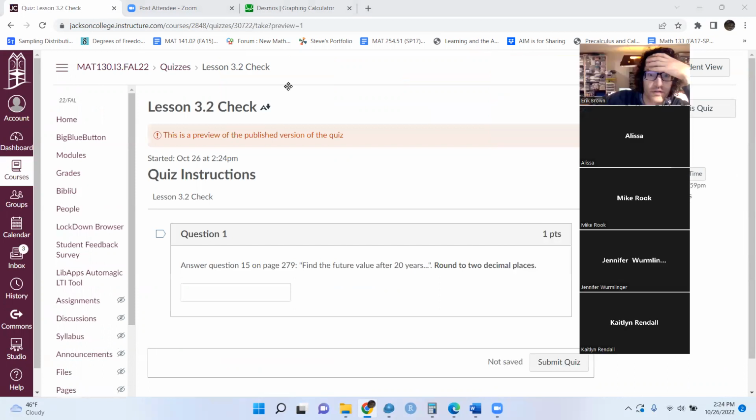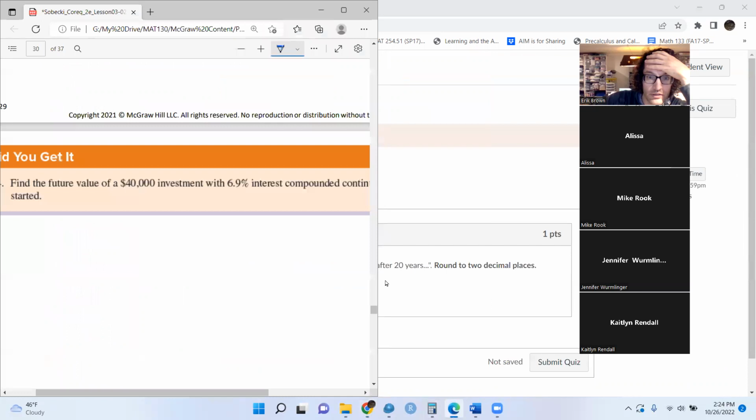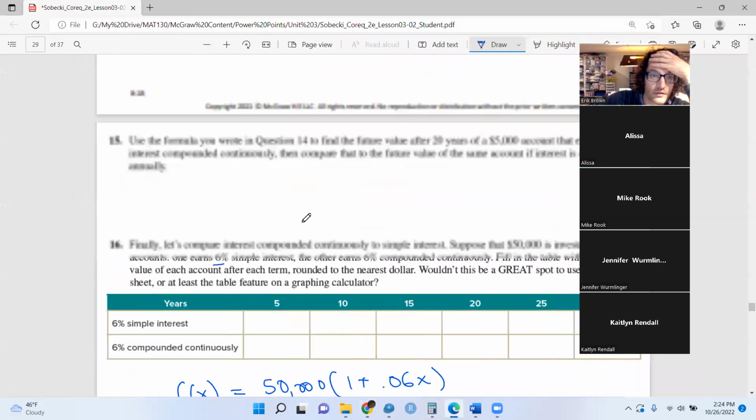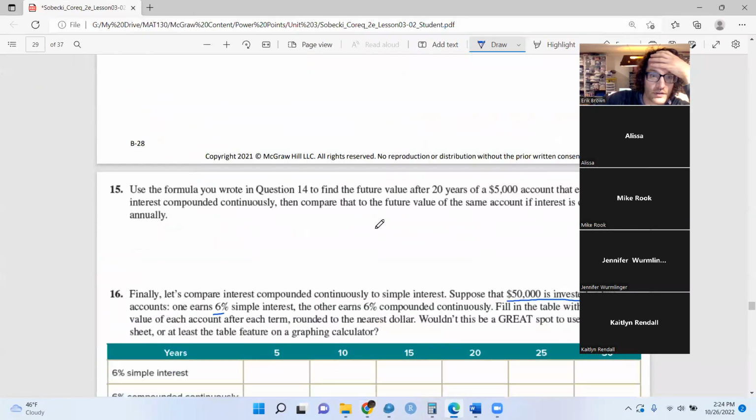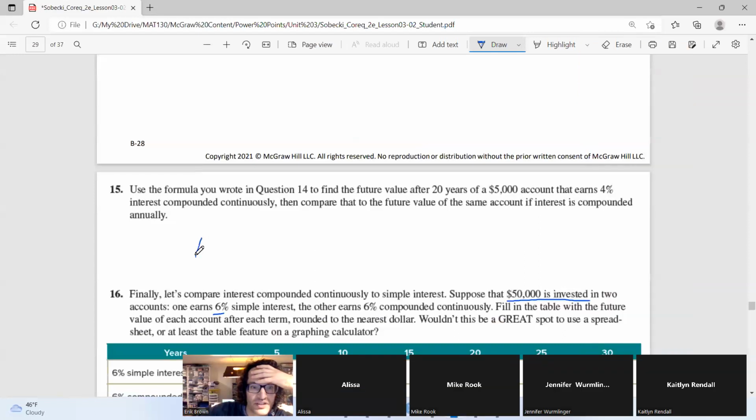Answer question 15. Find the future value after 20 years, round to 2 decimal places. So we're looking at the future value number 15, this one, which we didn't do. So let's do it together. Note it's compounded continuously, so we're going to use that P times e raised to the rt.